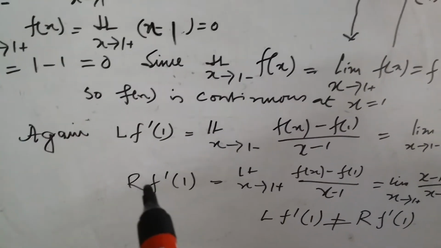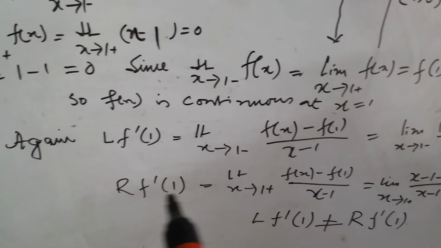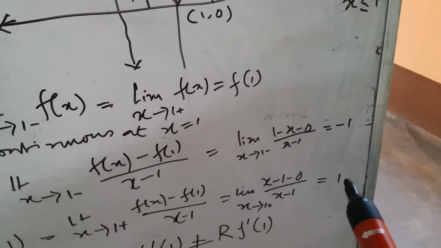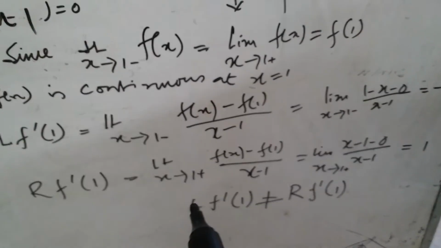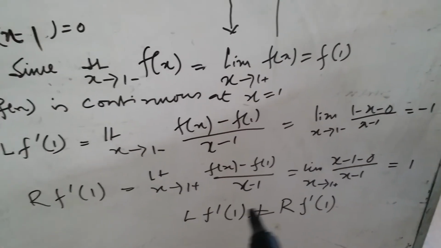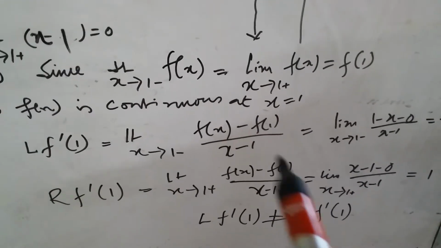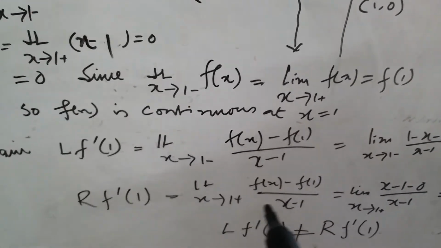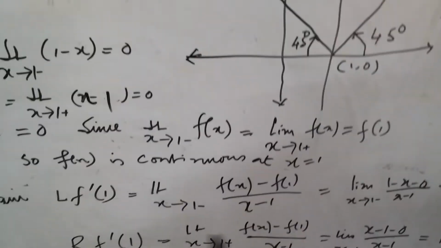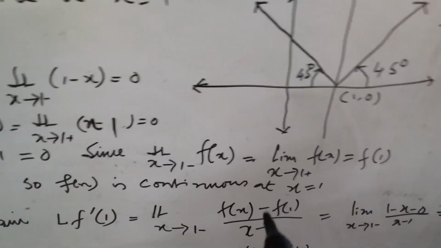And for the right hand derivative, f(x) is equal to x minus 1, then we get 1. So the left hand derivative is not equal to the right hand derivative, and that's why it is not derivable at the point 1, but it is continuous at the point 1.